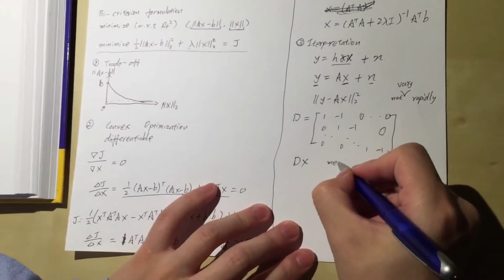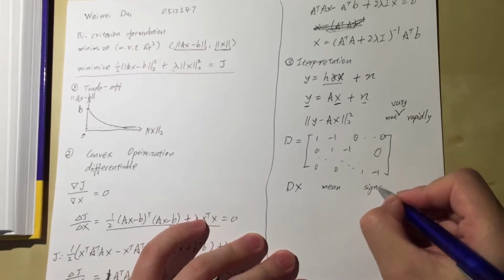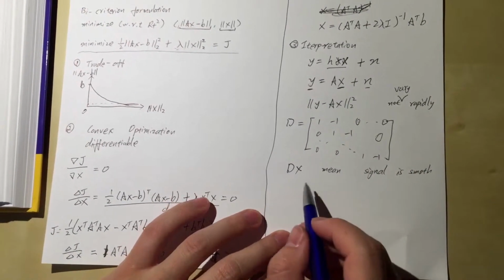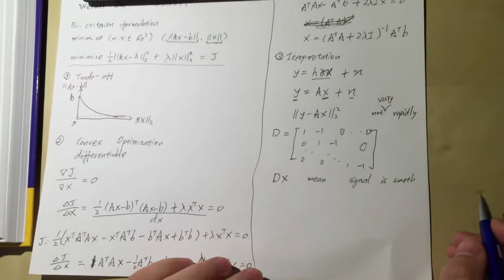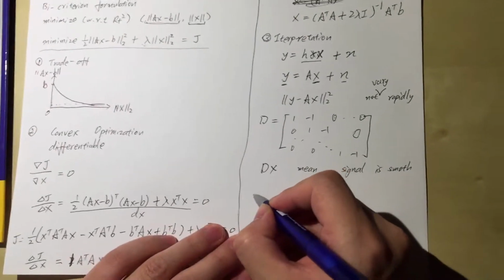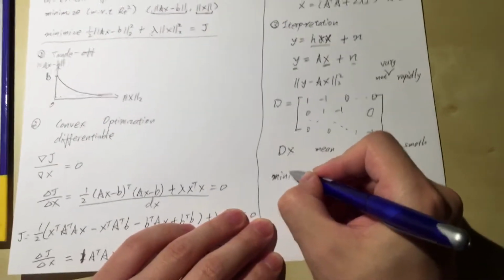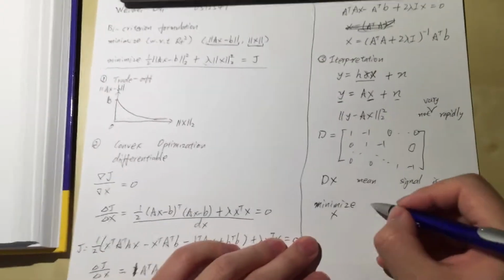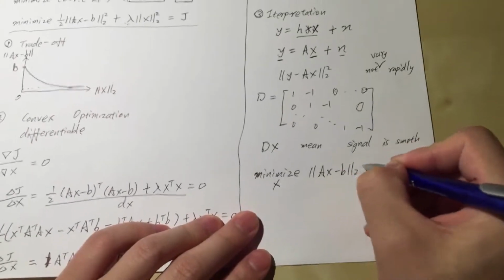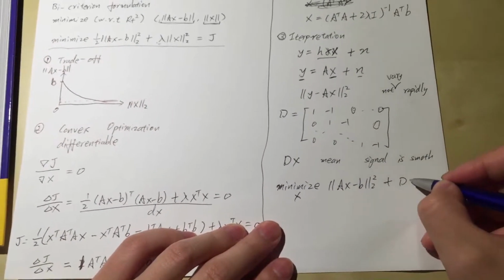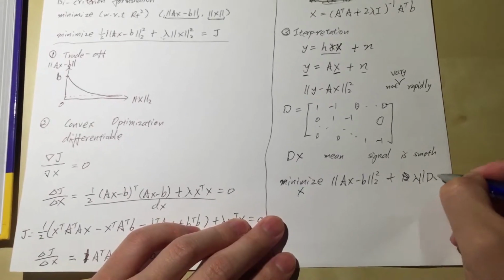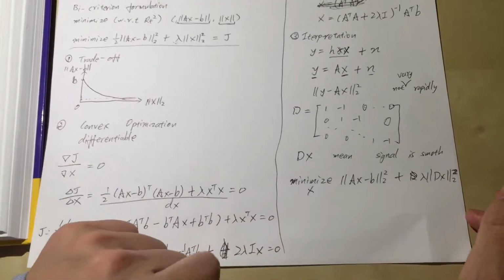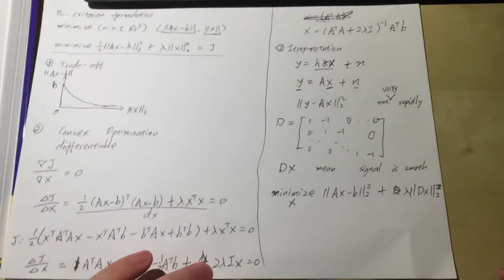Dx means the signal itself is smooth. This is the prior knowledge we know for this example. So what we want to minimize with respect to x is this: this is the data fidelity term, and this is the penalty term. The penalty term comes from our prior knowledge, which is that the signal itself is smooth.